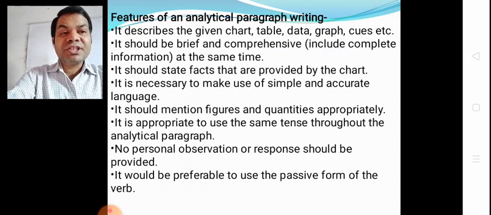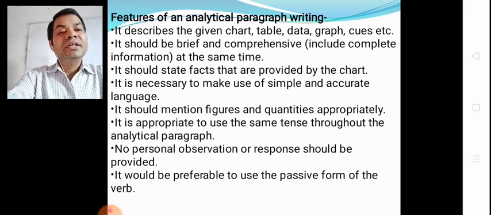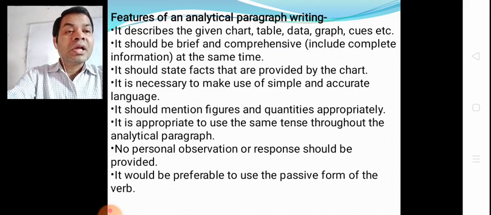It should mention figures and quantities appropriately. So your analytical paragraph must mention figures and quantities appropriately as they have been mentioned.